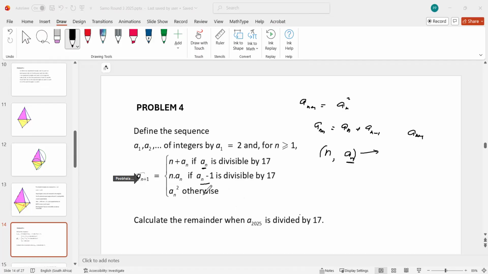Okay. How do you go around doing a problem like this? Looks very, very complicated. But there's one important thing here, that it's all about divisibility by 17. Now, there is a whole area in number theory which deals purely with divisibility. And that area is called congruences.